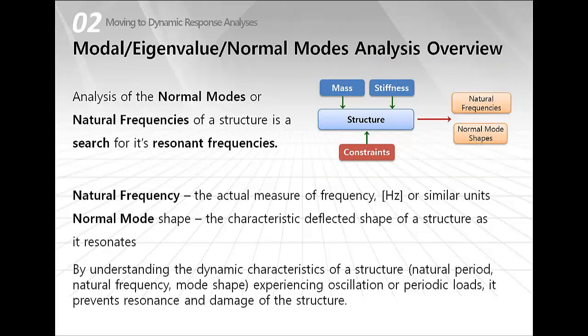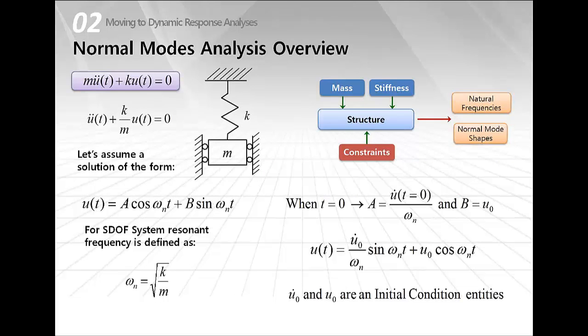All you need before performing this analysis is shown in the upper right corner. As you see, there is no loading; only constraints, mass and stiffness are required to prepare your model. The equation for a single degree of freedom system, which is related to normal modes, is shown above.